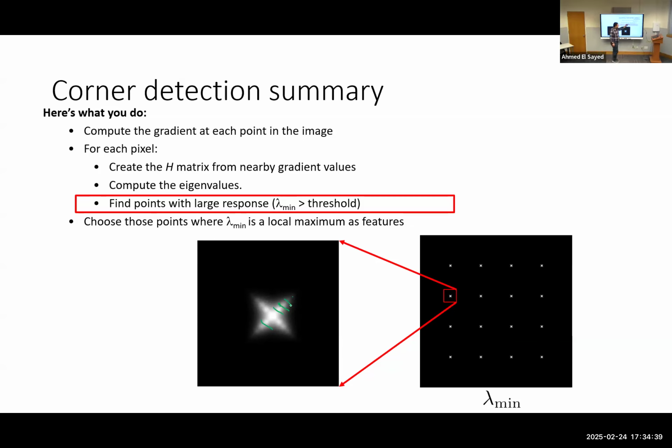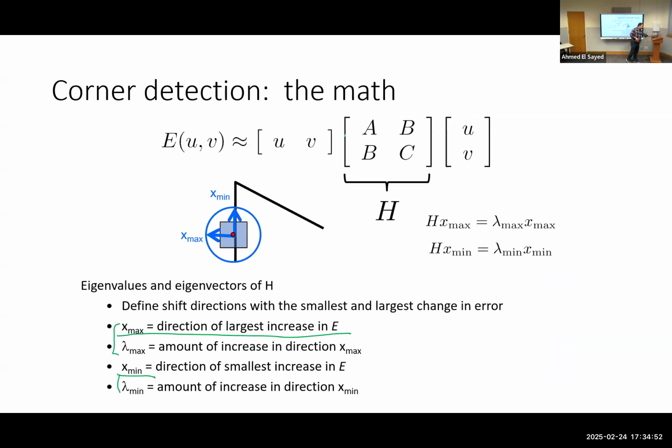So the steps will be like this. I will calculate the gradient at each point of the image. Why do I need the gradient? Remember, what is the value of A, B, and C? A is the summation of Ix squared.